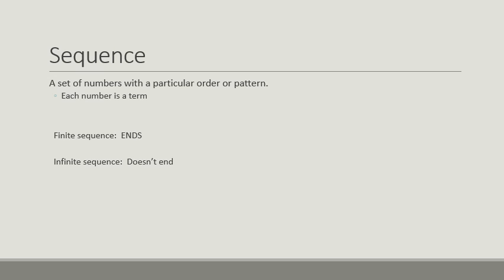So a sequence is just a set of numbers with a particular order or pattern, and each number is a term. So something like 3, 9, 15, 24, and on and on and on.